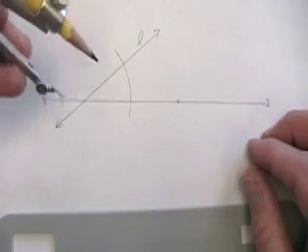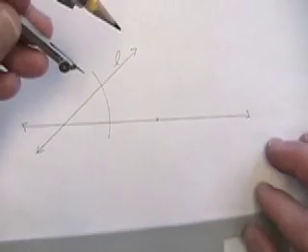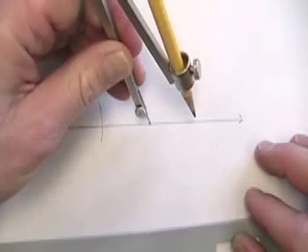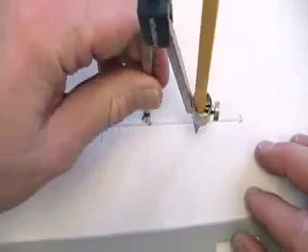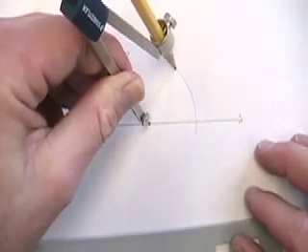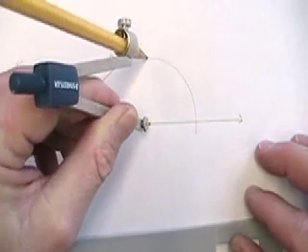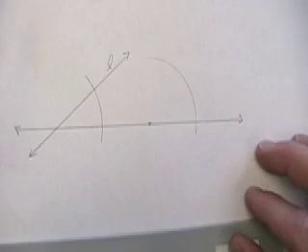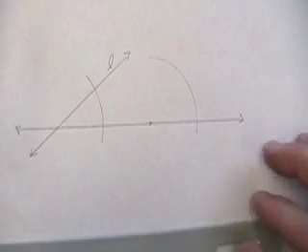Now, using the identical compass setting, I'm going to go out to that point where I arbitrarily picked there, and draw another arc. So this procedure is basically the same as doing congruent angles.